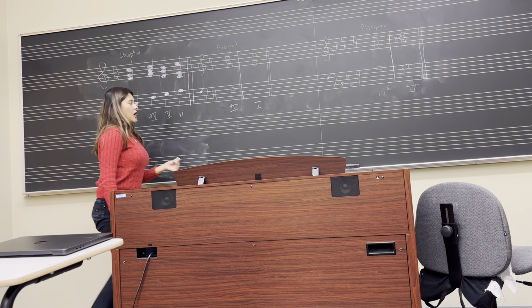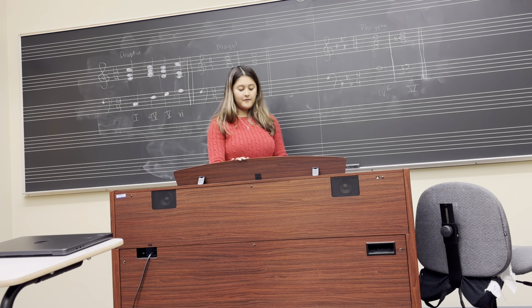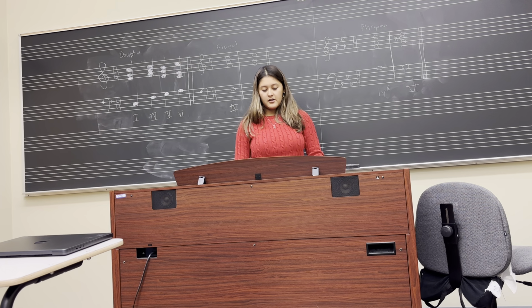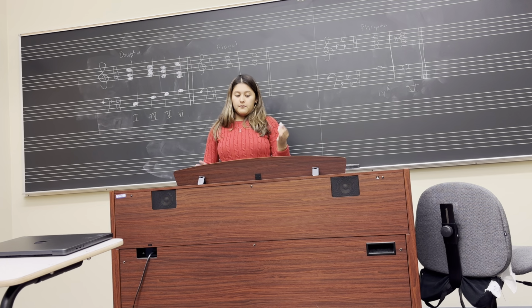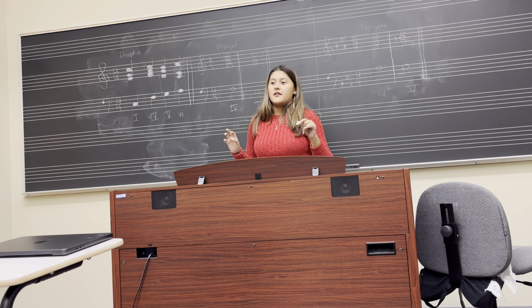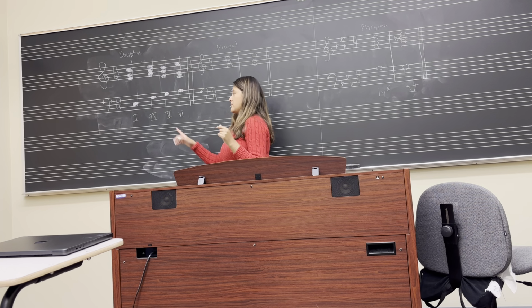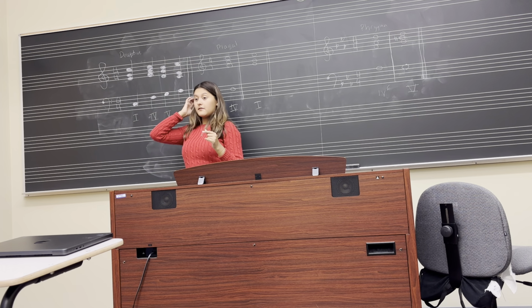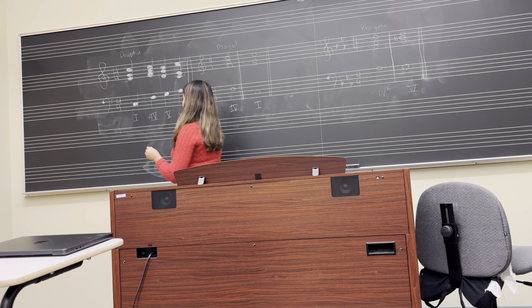So now that we've touched on every single type of new cadence, I wanted to talk to you about the bass lines, and we're going to do a little bit of singing so we get these in our heads. First thing I want you to do, I want you to provide me the solfege for the bass line of this deceptive cadence. It's do, fa, sol, la.